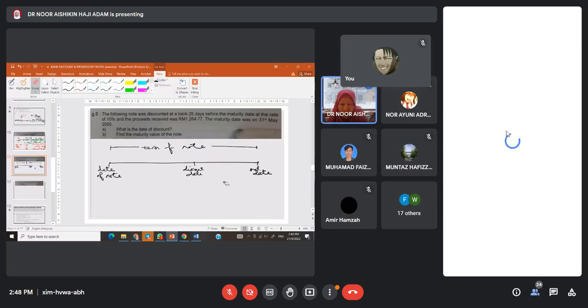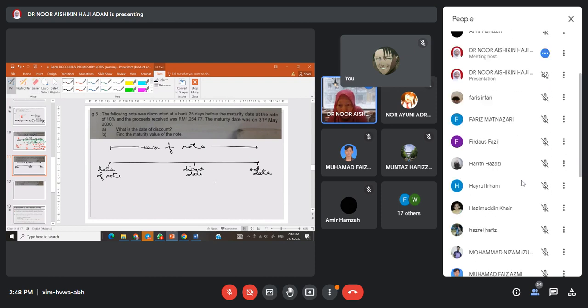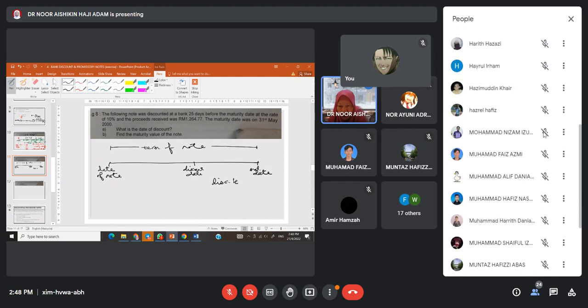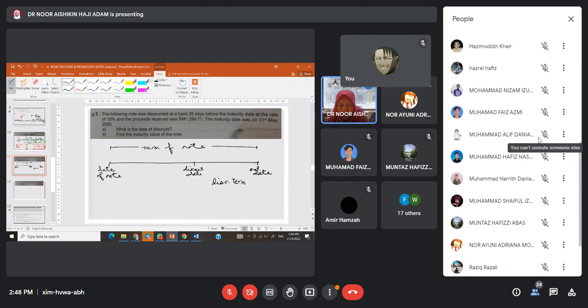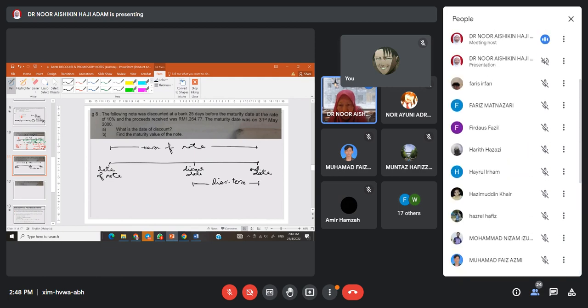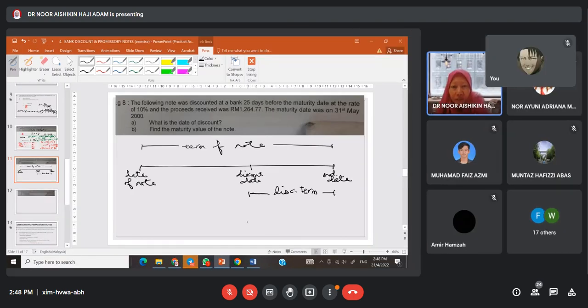So your discount term, DISC TERM, would be from here to there, between the discount date and the maturity date. Clear tak kelas? Faham tak?